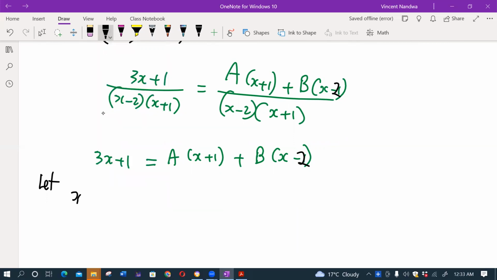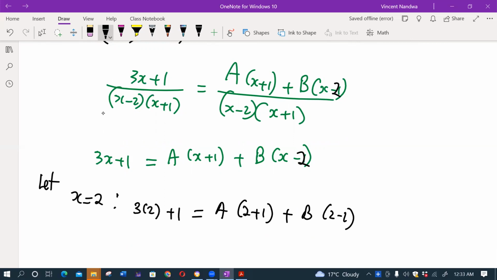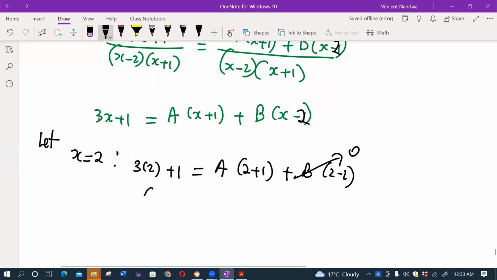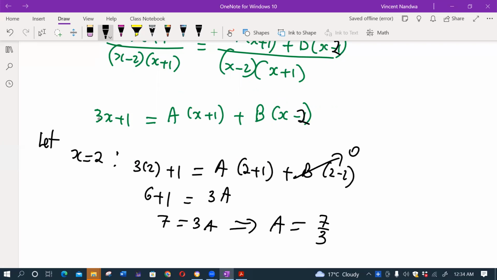So let x be 2. So we'll have 3 times 2 plus 1 equals a into 2 plus 1 plus b into 2 minus 2. So this part will be 0. So 6 plus 1 equals 3 times a. So 7 equals 3a, which means a is 7 over 3.